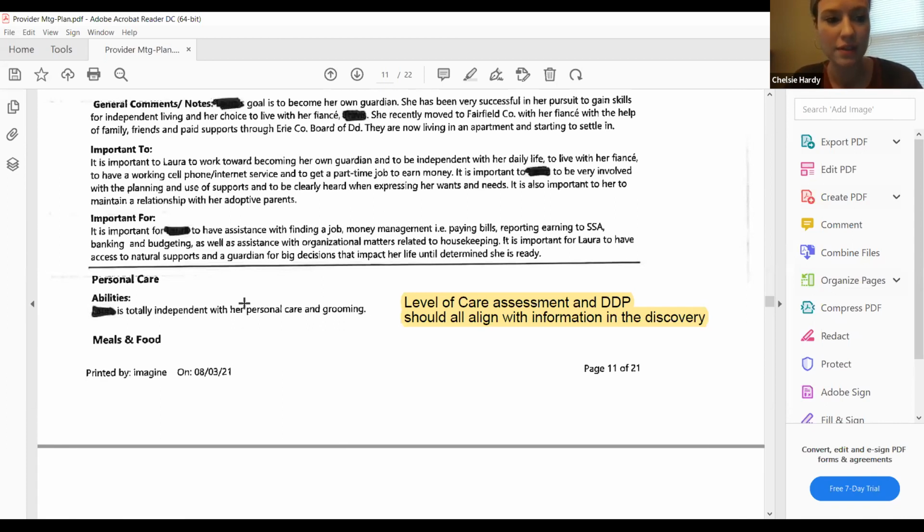So if the level of care assessment says the person needs help with showering, needs help with toileting, but the plan says they're totally independent, we definitely need to figure out where the miscommunication is or what we need to update, because those things should all flow and align.